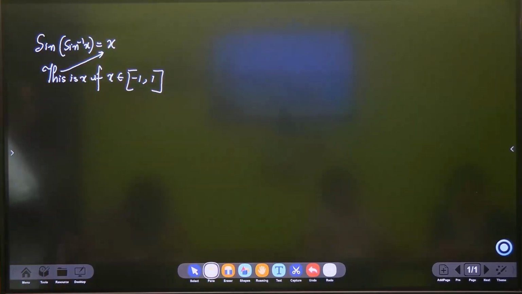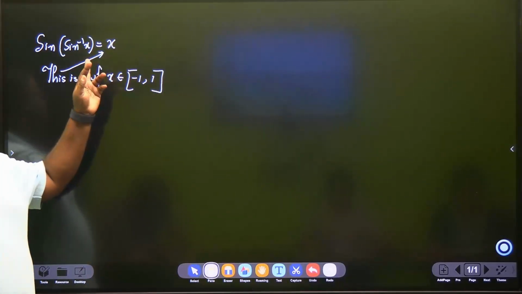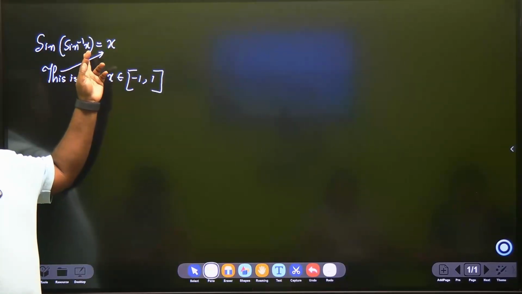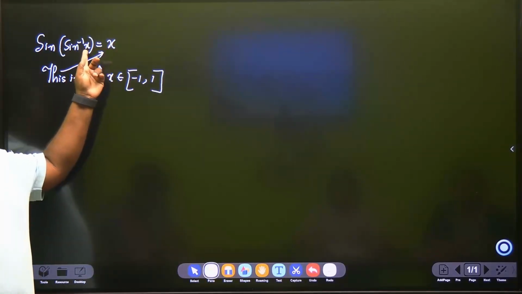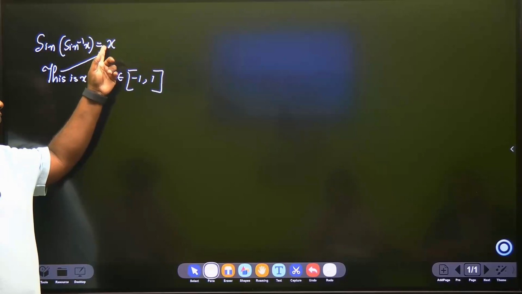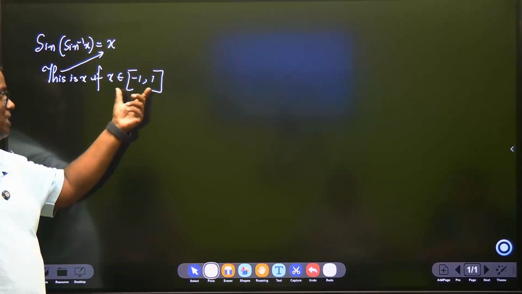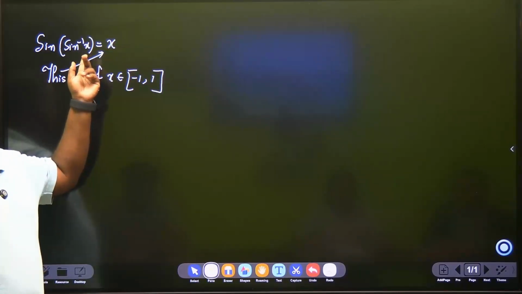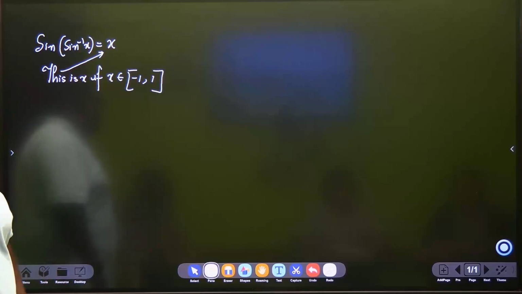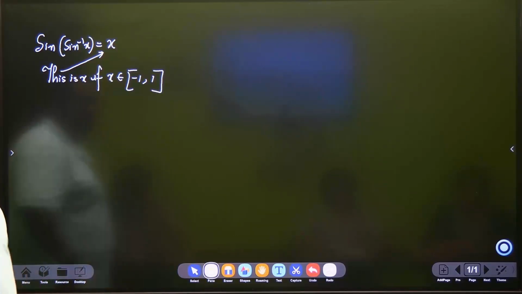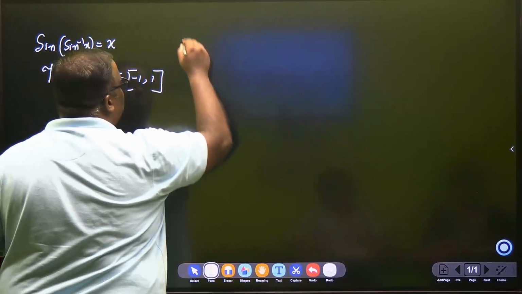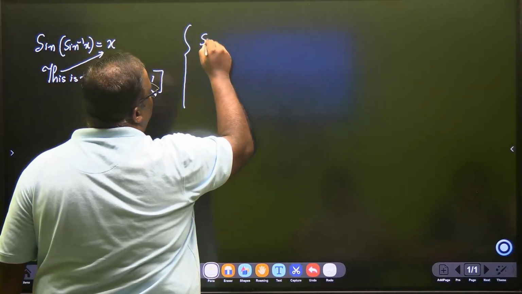In fact, -1 to 1 is the domain for this. Look, this x and this x are the same. If you are freezing for this x as this value, then this should also go here. The domain for a sine inverse function is always -1 to 1. Understood?